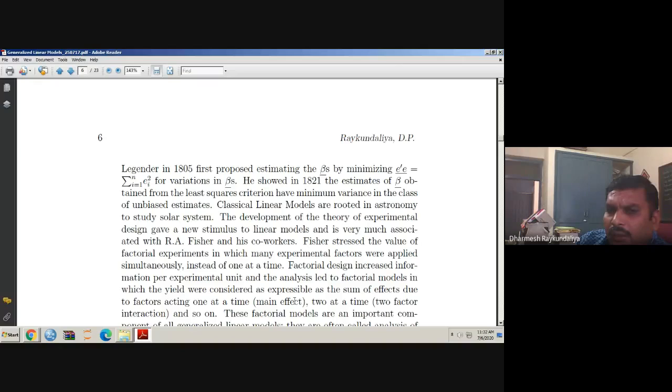Further, he showed in 1821 that the estimates of beta obtained from the least squares criterion have minimum variance in the class of unbiased estimates, and that is how it is said to be the best linear unbiased estimator. Classical linear models are rooted in astronomy, to study the solar system. There is a difference between astrology and astronomy.